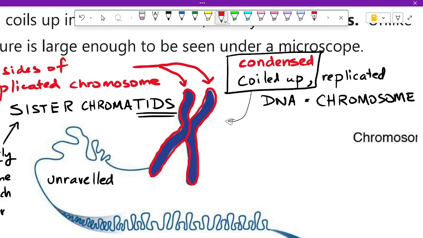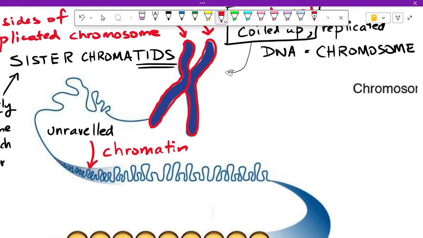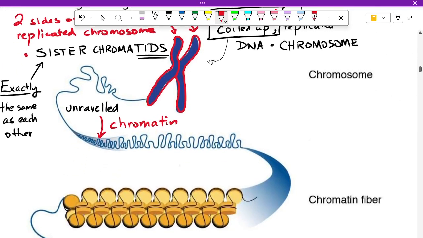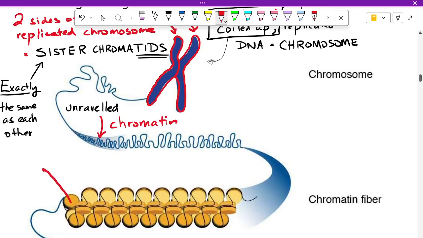The unraveled form, what do we call that? That is chromatin. And what are those things? Those little circly things? Those are histones.